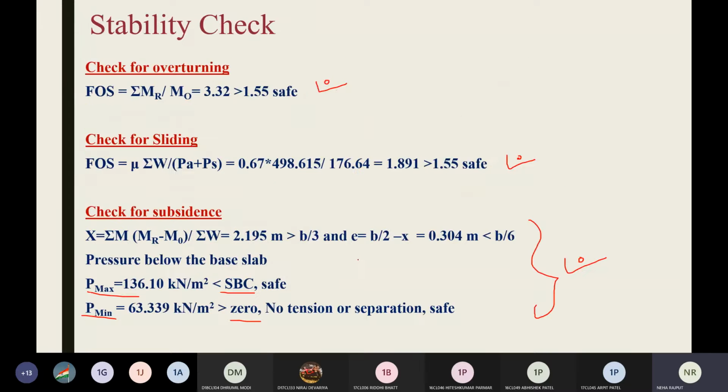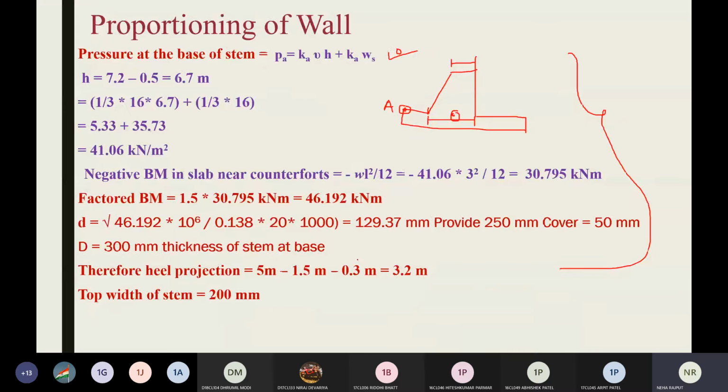Now in my proportioning figure, the stem at base dimension is 300 mm, and at top is 200 mm. Right.